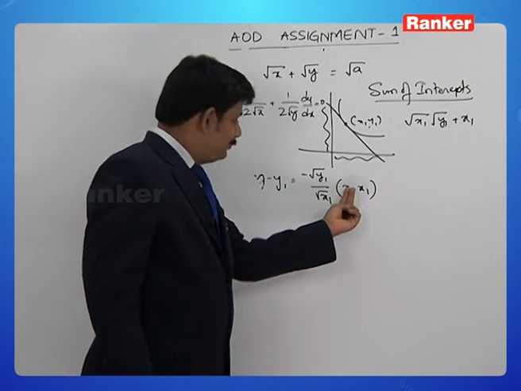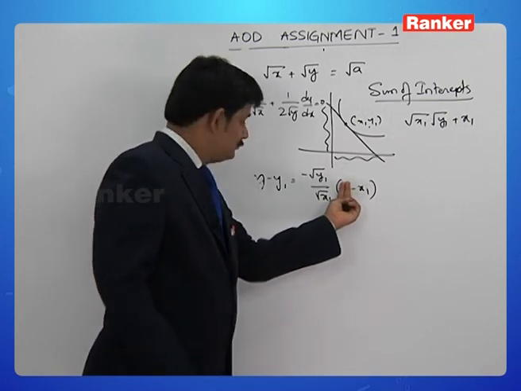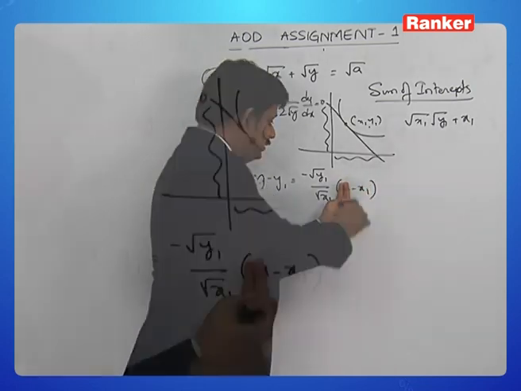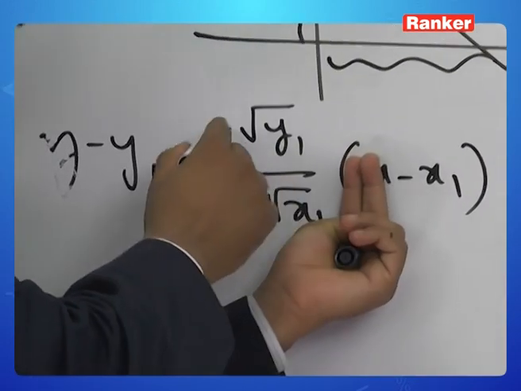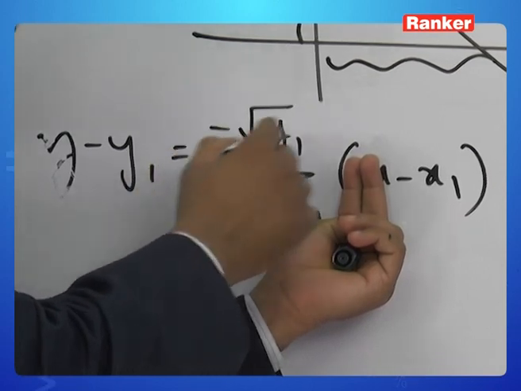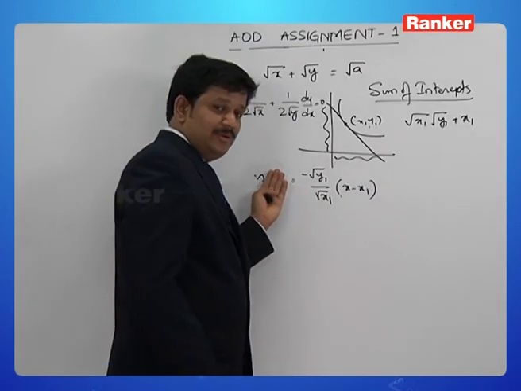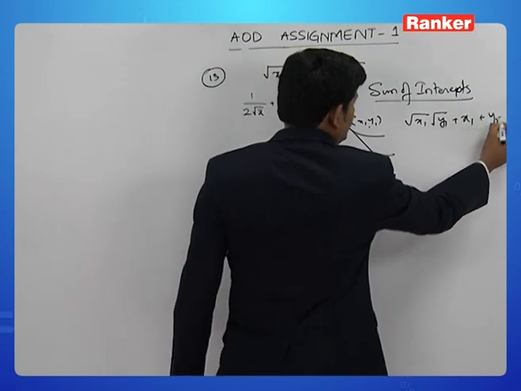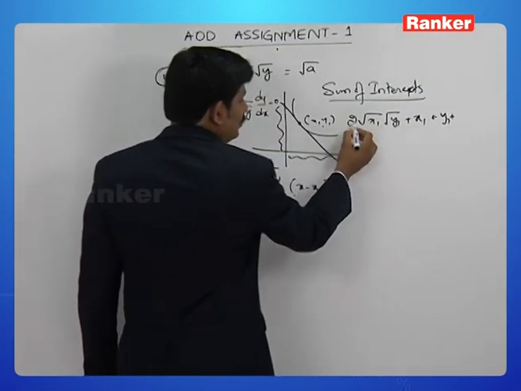And for the y-intercept, put x equal to 0. Root x1 gets cancelled, we have root x1 into root y1, the minus signs get cancelled, that is y minus y1, so the y-intercept will be y1 plus root x1 root y1.